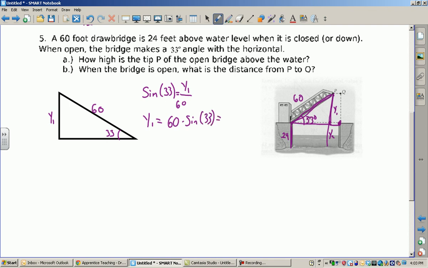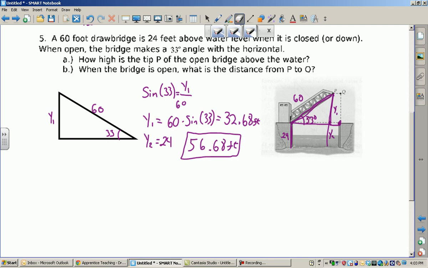When I type that into my calculator, which we learned how to do last lesson, it would be 32.68 feet. So y1 is 32.68 feet. y2 was given to me as 24 feet. So the total distance from the tip of P to the water is 56.68 feet. That is my answer to part A.